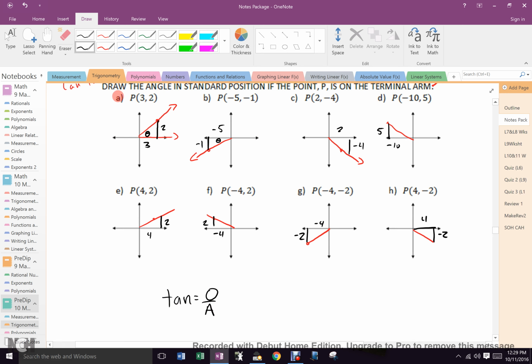So in angle A up here, what's the tangent of it? 2/3. The tan of theta is 2/3, correct? Everyone agrees? Great.